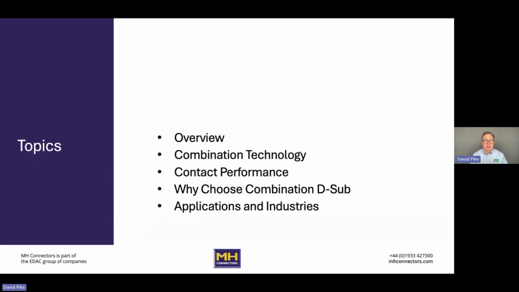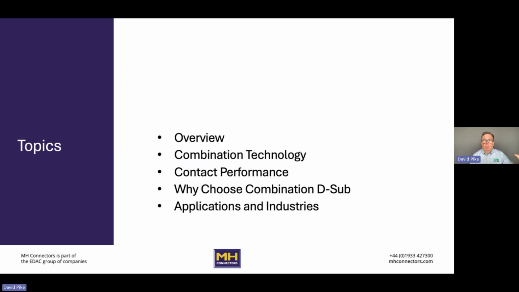So what we're going to talk about today, we're going to cover an overview, talk about the actual D subs themselves and the design of them. We'll focus then on this combination technology, the fact that we can have different pin sizes in the shell and some of the functions that they serve. We'll talk a little bit about the contact performance because that's critical to how these things work.